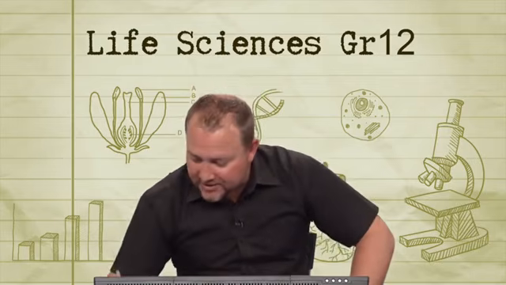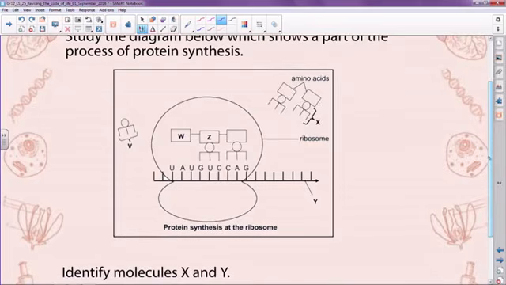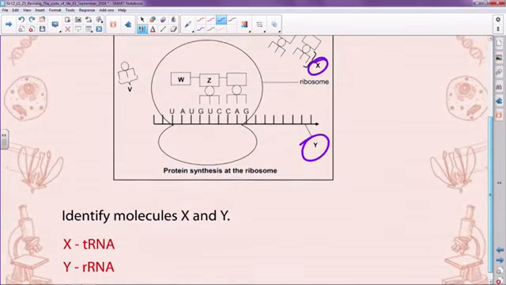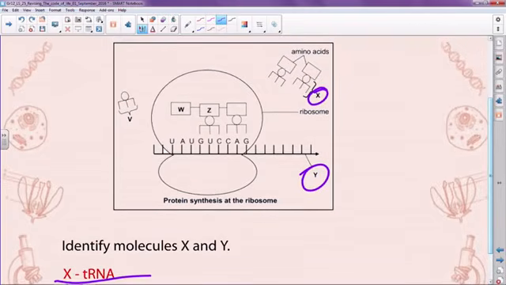So let's have a look at these things. First of all, let me bring it down slowly, I don't want to give you the answer yet. Identify X and Y. You know it automatically. X is your tRNA and Y is your rRNA. Why do you say that? First of all, X, if you have a look at it, it has got anticodons.